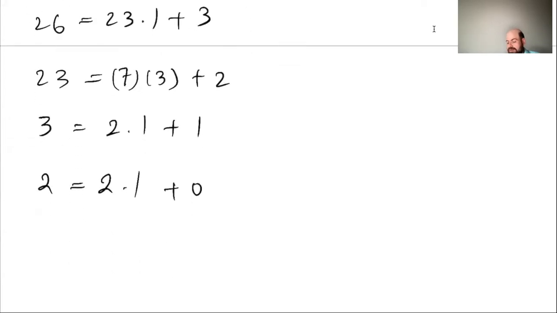Once the remainder is 0, then I will finish or end the algorithm. And what will be the GCD?